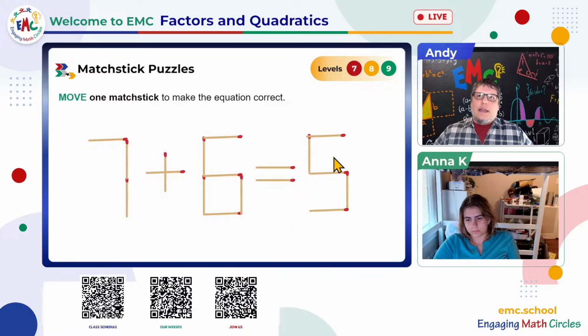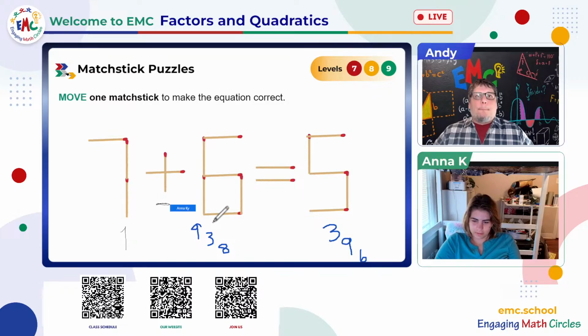What can I turn 5 into by moving one around? You could turn it into 3, 9, or 6. What about 6? It can be turned into 9, 3, or 8. And this could only be turned to 1. And this can be turned to a minus. And we also have one more here.